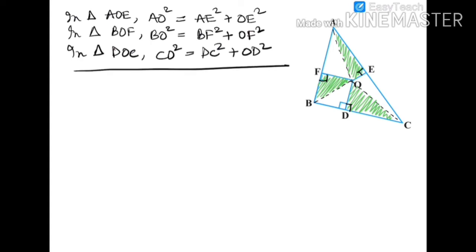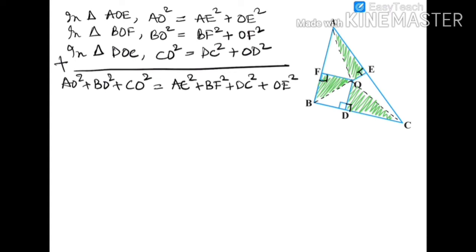Let's add them. So we get AO square plus BO square plus CO square equal to AE square plus BF square plus DC square plus OE square plus OF square plus OD square.